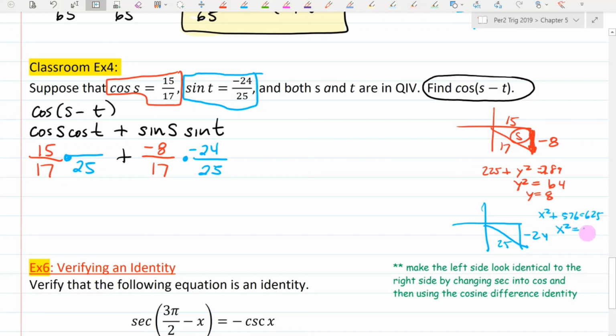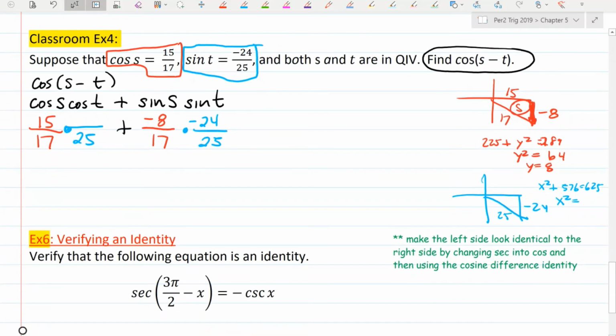X squared equals 49. So x is equal to 7, and it's positive 7. Okay. So that goes here.